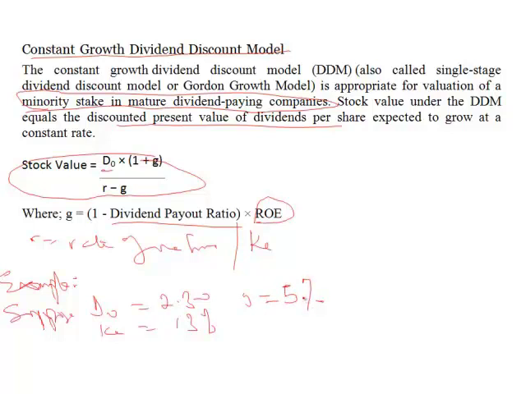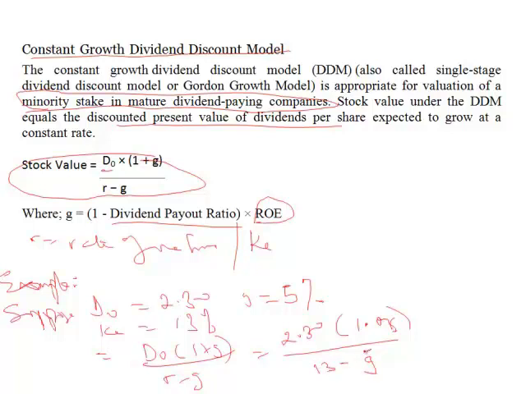The price per share, or the intrinsic value of the share, in this case will be equal to, when we use our growth model, D0 times (1 plus g), all over R minus g. Our D0 is 2 naira 30 kobo into 1.05, which is 5% growth, all over what's our cost of capital? 13% minus growth, which is 5%.